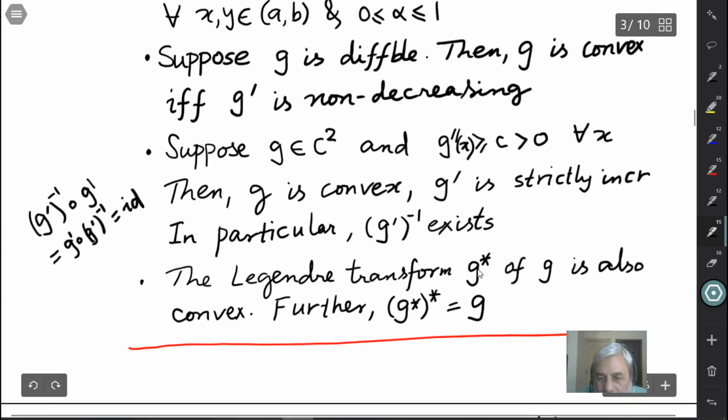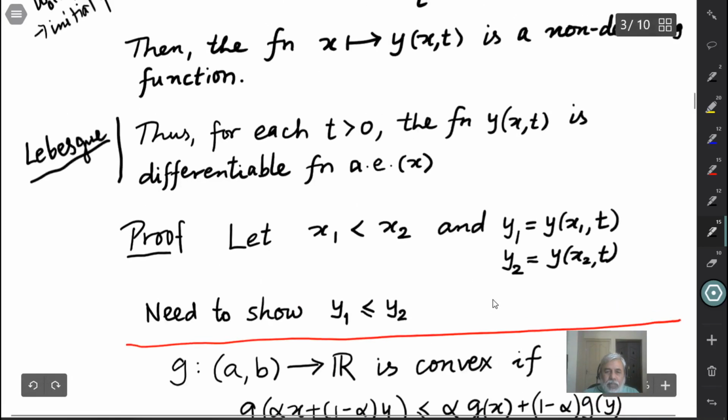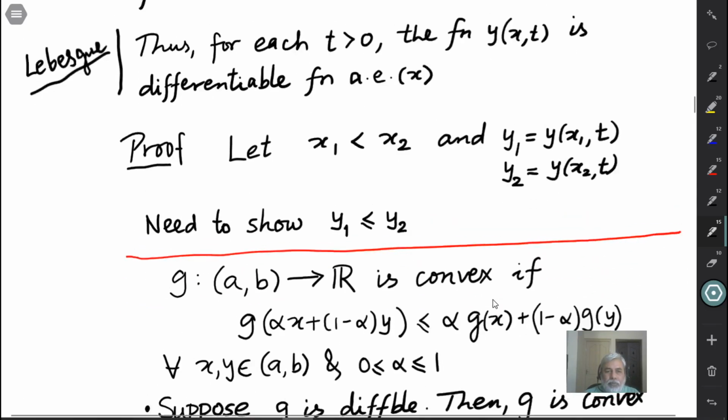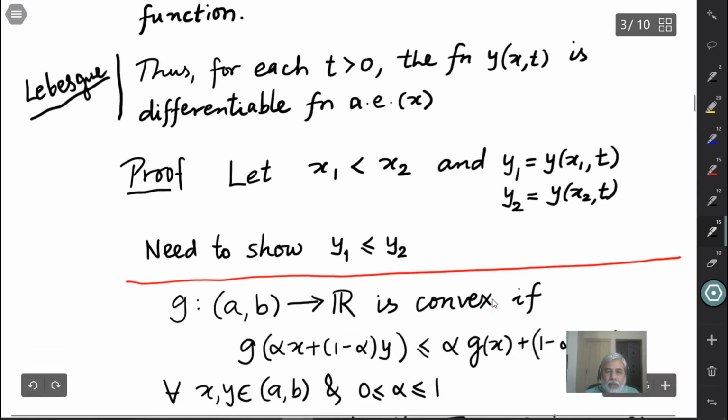So the Legendre transform of G is also convex, and further if you take the Legendre transform of G star, then you get back G. Okay. So again, back to the proof of this lemma.